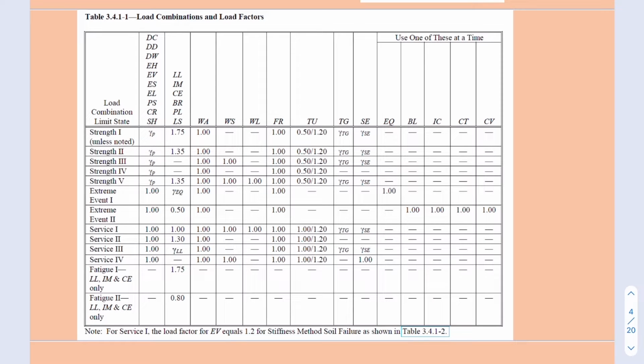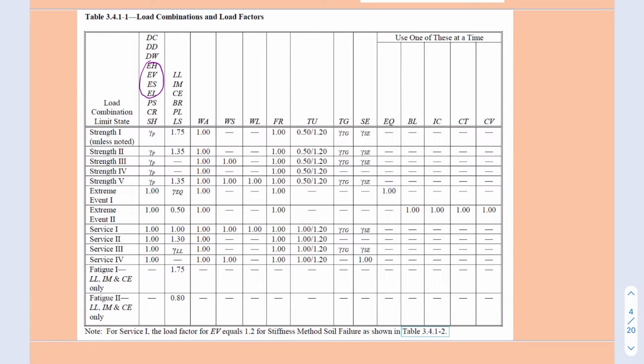Let's now talk about different sections in AASHTO LRFD which we will be using for seat pile design. The first one is table 3.4.1-1, and we'll be using the strength 1 load combination, so we will use load factors for earth pressure.